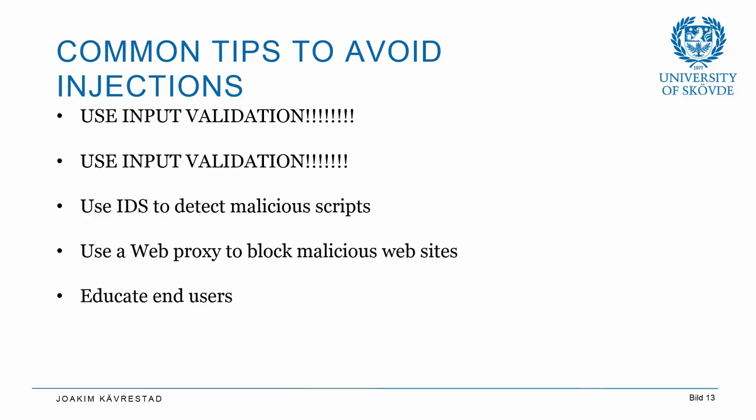If the user should input a string, make sure that it's just a string and nothing else. If the user should input an email, make sure that it's an email and nothing else. There are also some key characters that you can just forbid because they are usually used in injection attacks, including for instance the semicolon, the pipe sign, stuff like that.